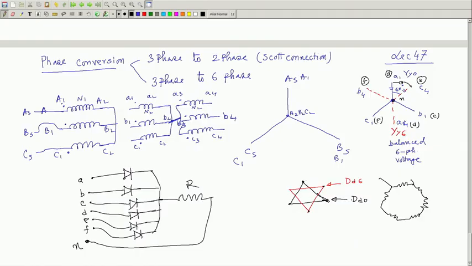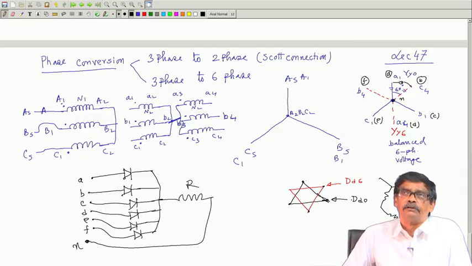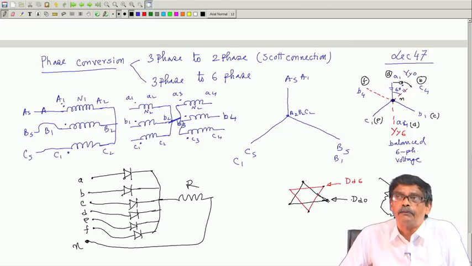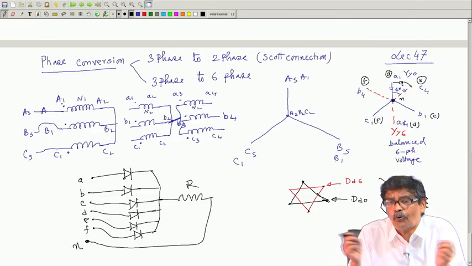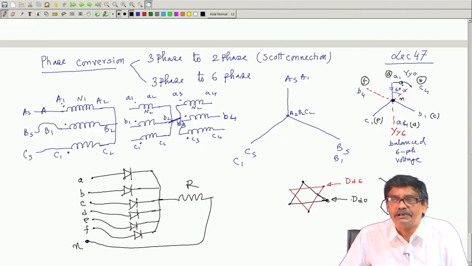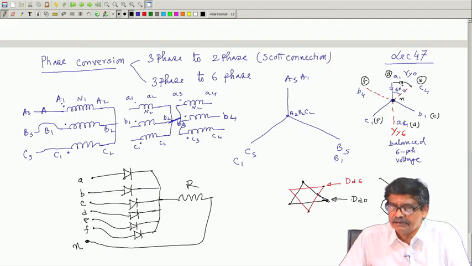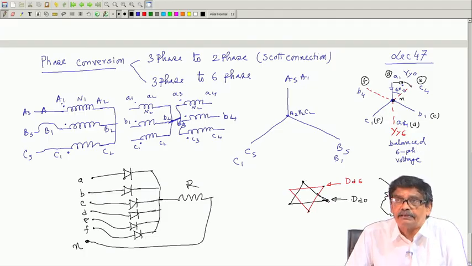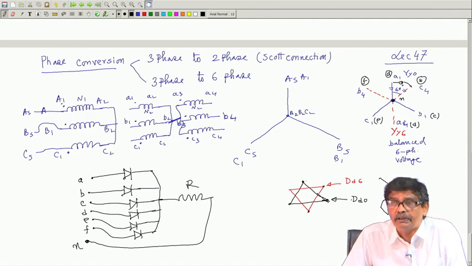But in a nutshell, whatever knowledge you have acquired, if you read some advanced topics on transformer winding connections, incorporating more coils into it, you can do several other things, but these are the main things, okay? And you will be able to solve simple numerical problems on this.